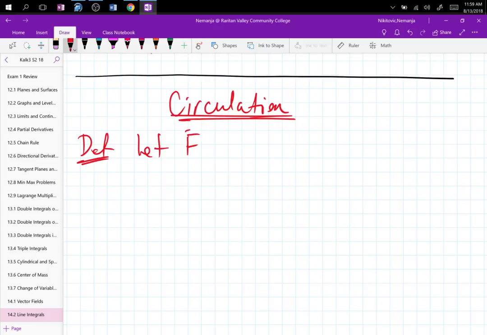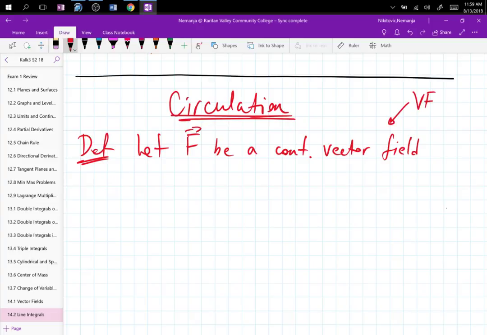Let F be a continuous vector field. Guys, in the future, vector field is just going to be capital VF because it's going to be everything from now on.